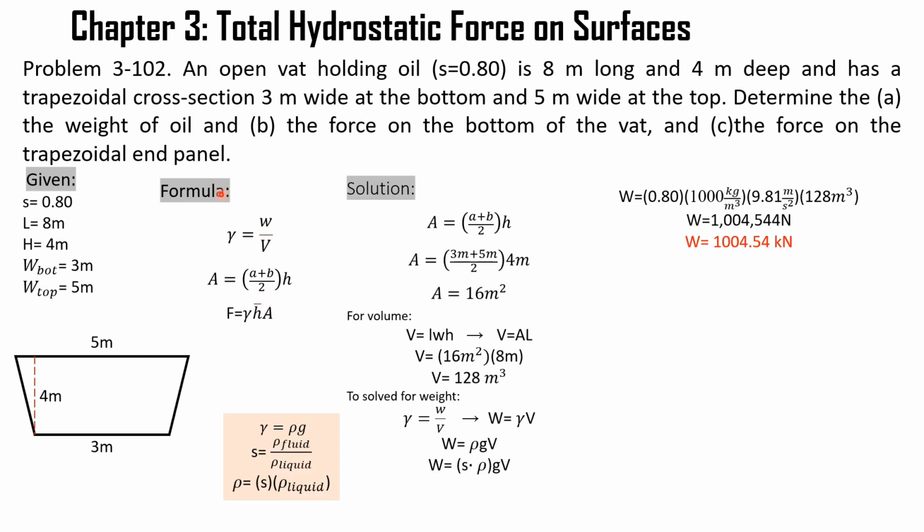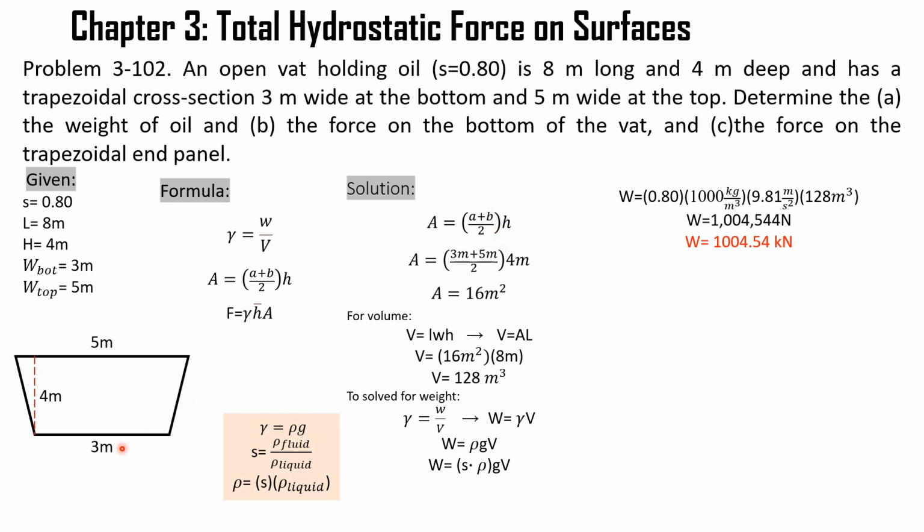Let's calculate first the weight of the oil, by using the formula of specific weight is equal to weight over volume. Since volume is unknown, let's solve first the area of the trapezoid, which is equal to A plus B all over 2 times height.